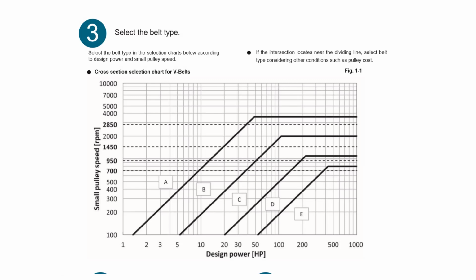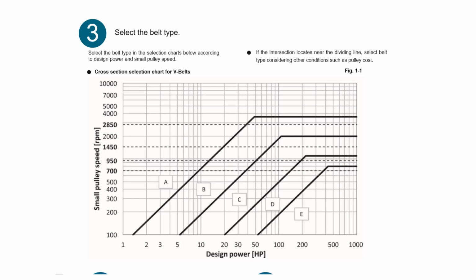If we look at this figure 1.1, we have 5 zones of belt types for us to select, which are A, B, C, D, and E. The x-axis is the design power HD in horsepower, and the y-axis is the small pulley speed in RPM. If we study the distribution of the zones, type A zone occupies the major area.